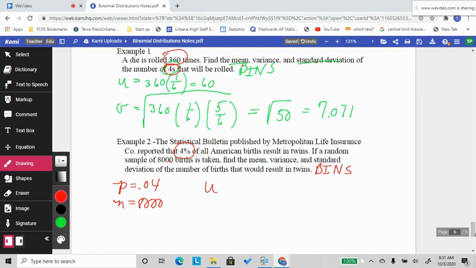So the mean, just 8,000 times 0.04, and the standard deviation, square root, n times p times q, which is not twins. All right, we're just going to calculate those two things together.